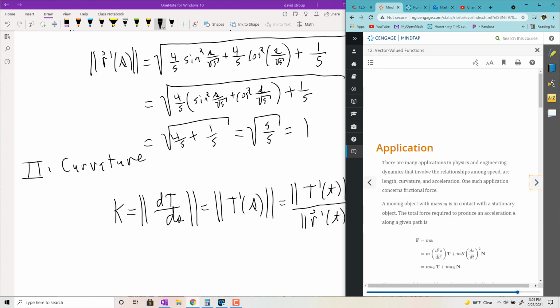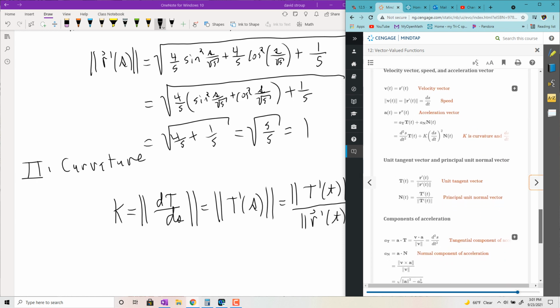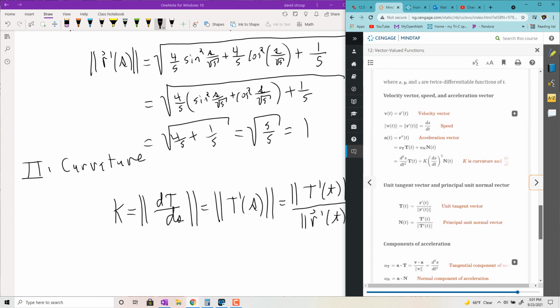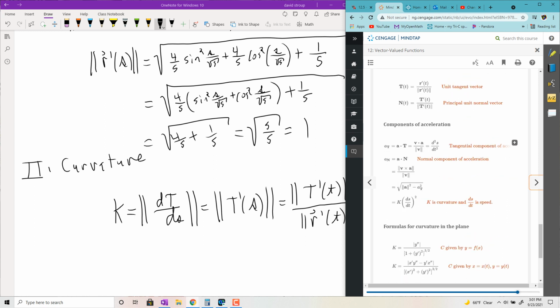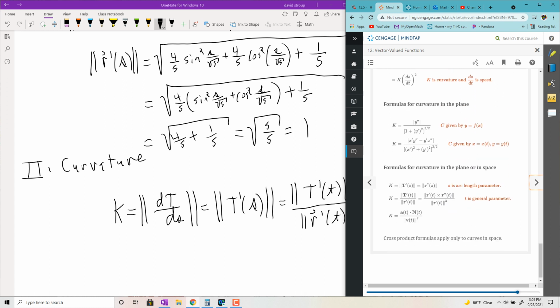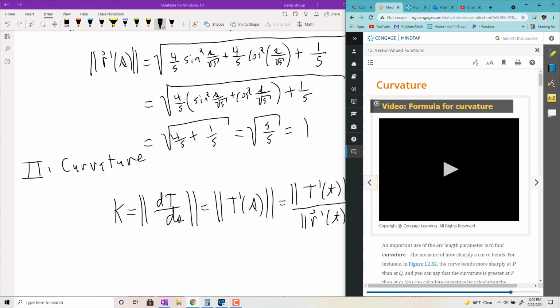It's basically the formulas I'll give you: the tangential component formulas, the components of acceleration, the a sub t and the a sub n, and then I'll give you all the formulas for curvature. Okay. All right. So let me go back to where I was.